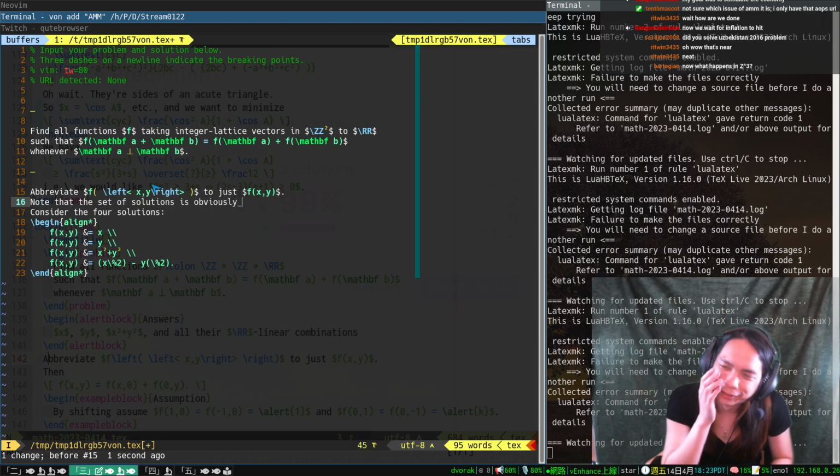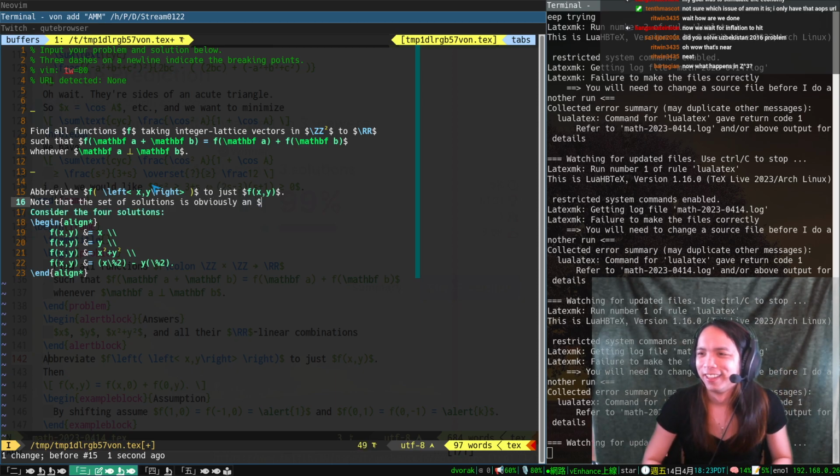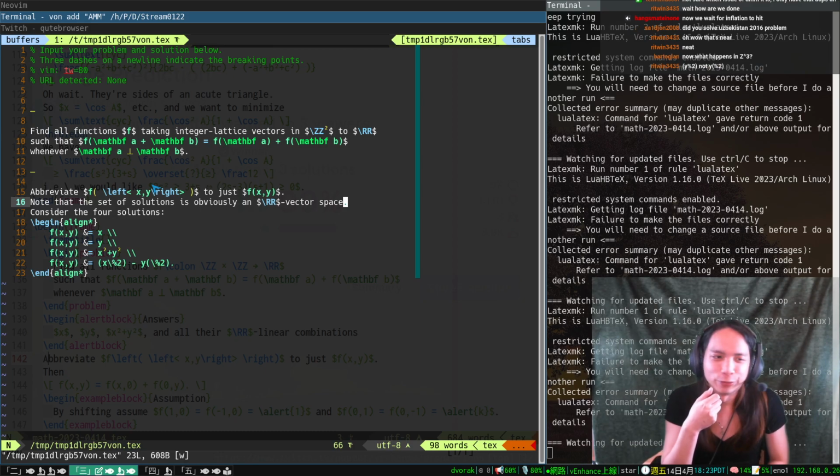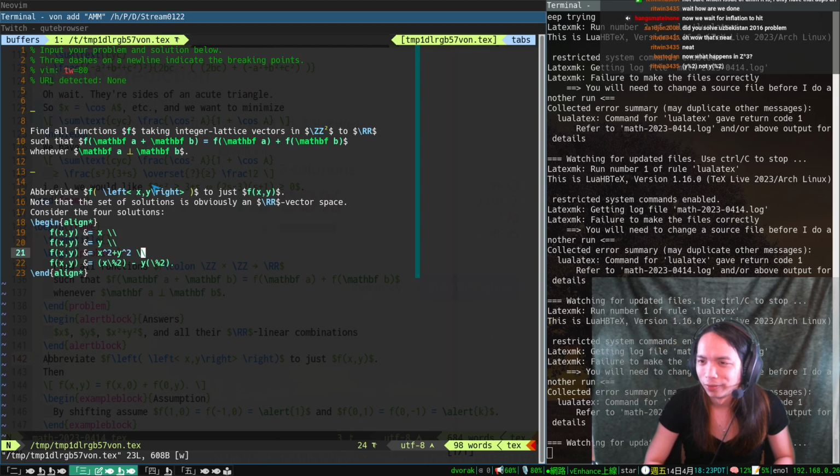Oh god, z cubed. I don't know if x mod 2 minus y mod 2 would give a solution.